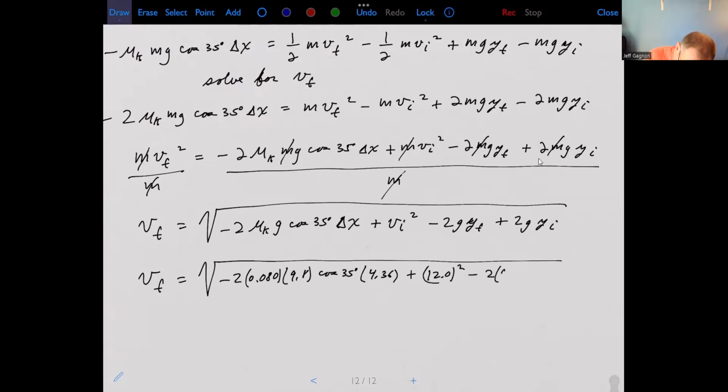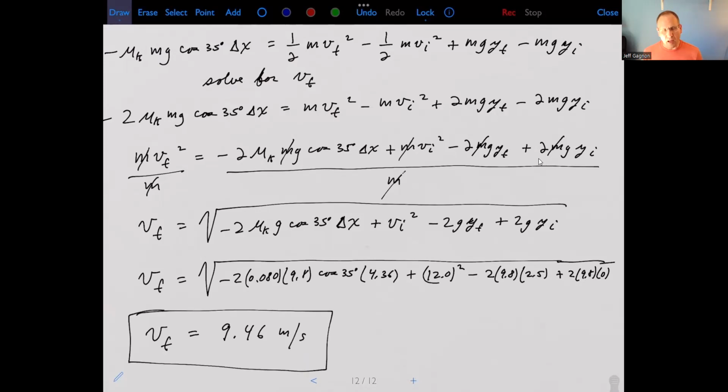Minus 2 times 9.8, y final was 2.5, right? The top part of the hill was 2.5 meters above the ground. And then y initial was 0, because that was our reference point, so that term is 2 times 9.8 times 0 and it's not going to matter. If you plug into your calculator, carefully making sure you're using order of operations, you're going to find that the final velocity is 9.46 meters per second.